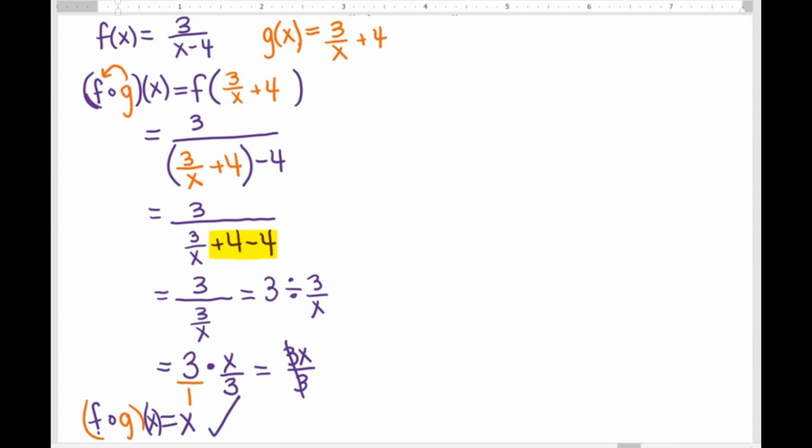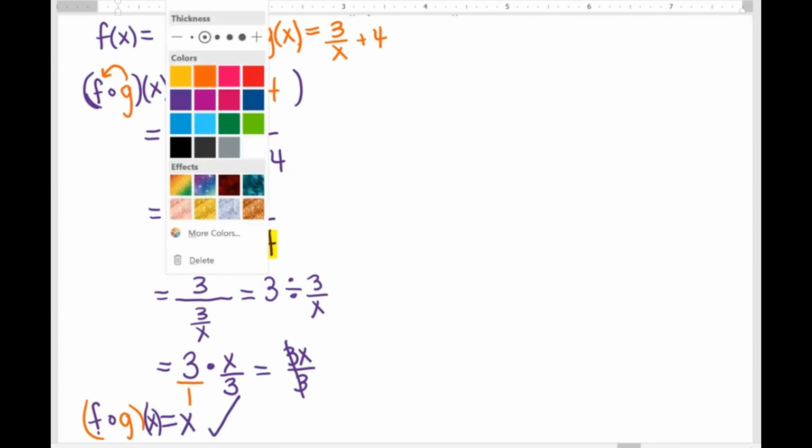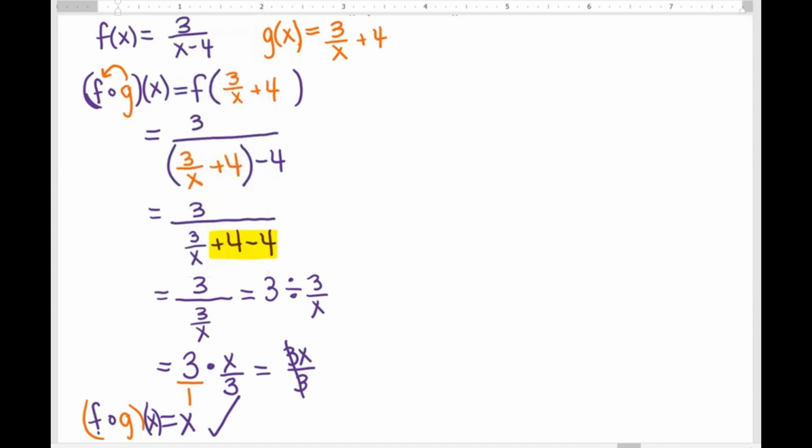We need to check the second composition, so the other direction. We need to find g composed with f of x. And that means we're going to plug f into g. So I'm going to write g out.